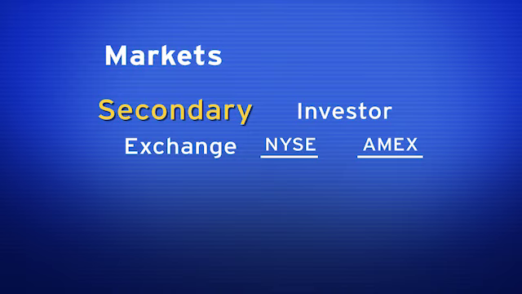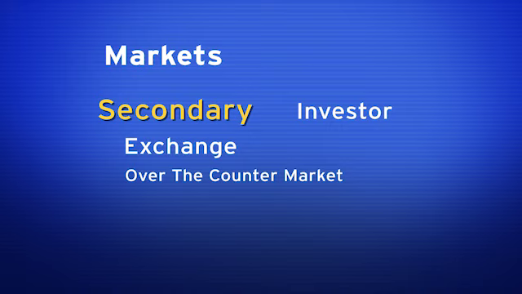Now, many securities are not listed on an exchange. Many companies do not have their stocks and bonds listed on the New York or the American Stock Exchange or the Pacific Stock Exchange. Where would those securities trade? Those securities would trade in the over-the-counter market, commonly known as the OTC.